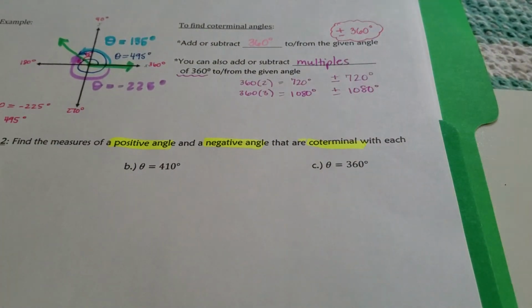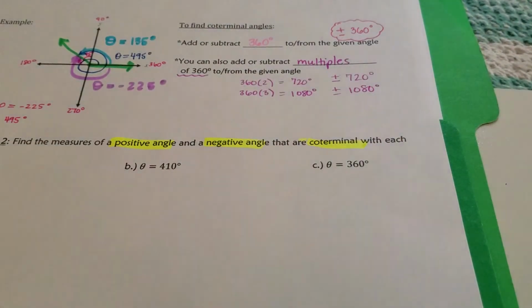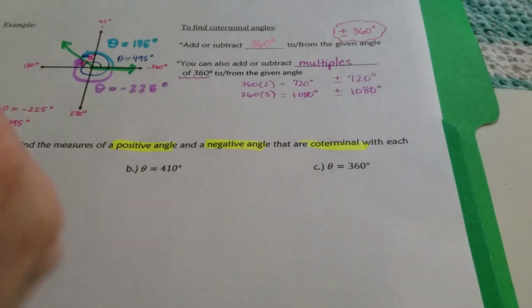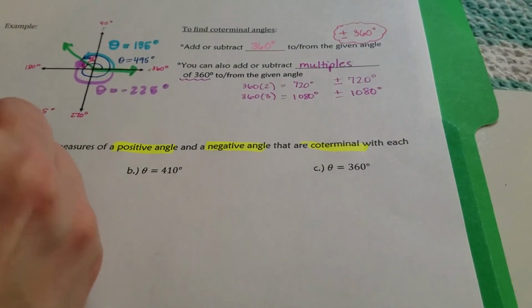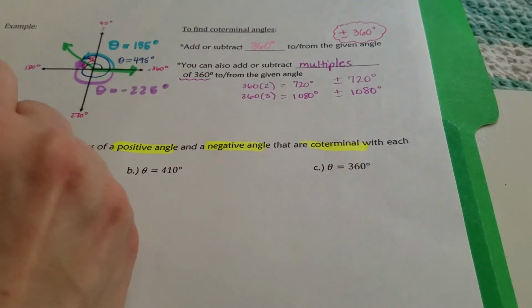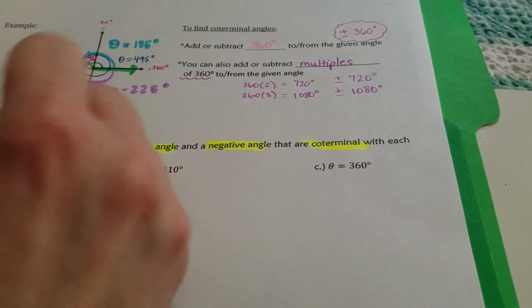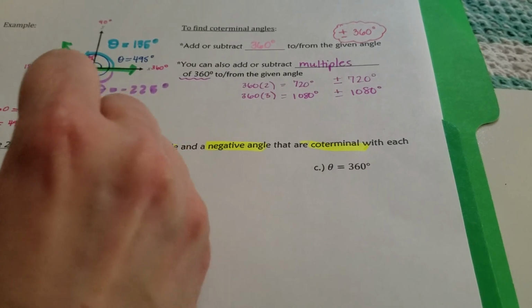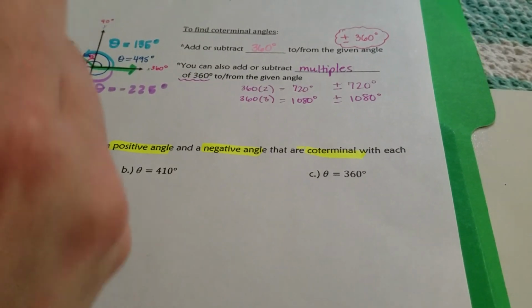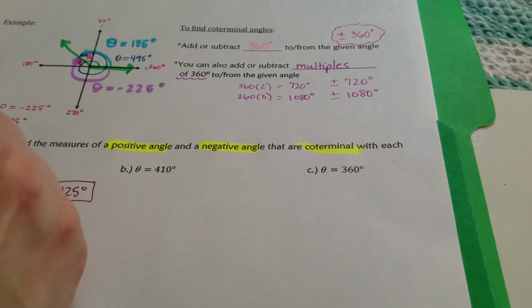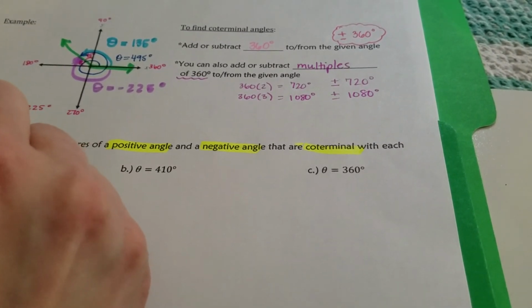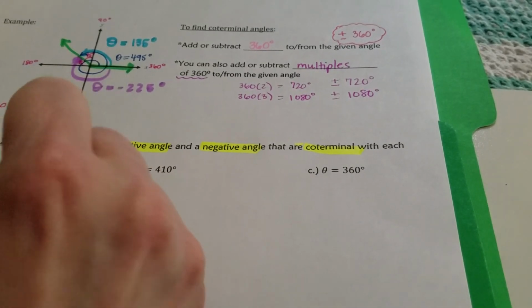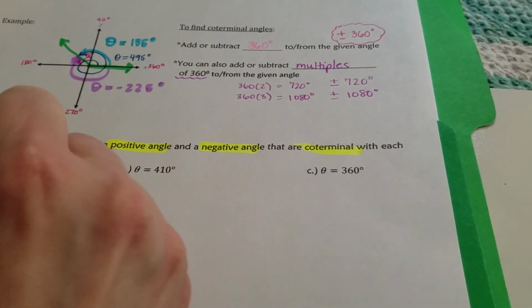So for 65 degrees, you are finding the coterminal angle, and for the positive, it is really just as simple as being able to add the 65 plus 360 to get 425. That would be a positive. And then for the negative, you could do 65 minus 360 and get negative 295.